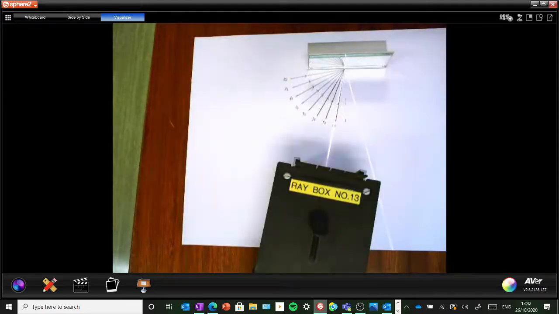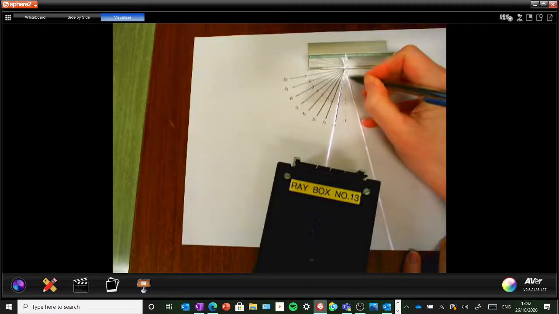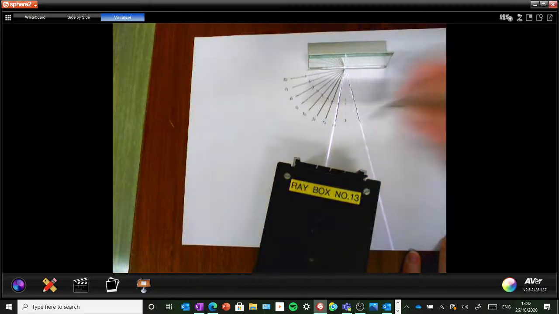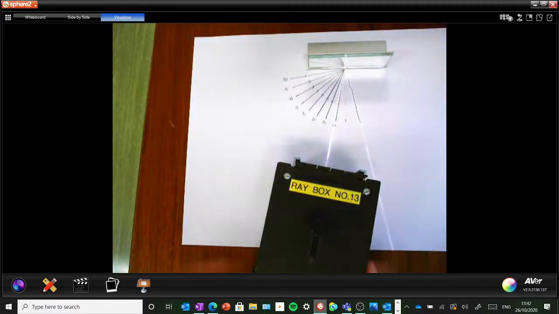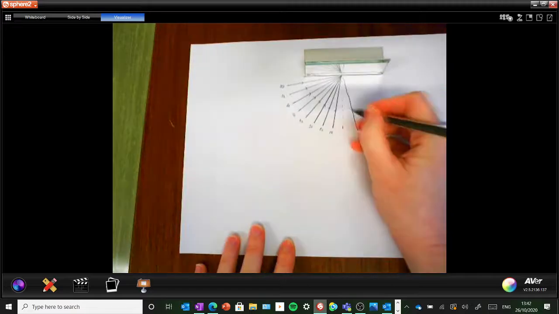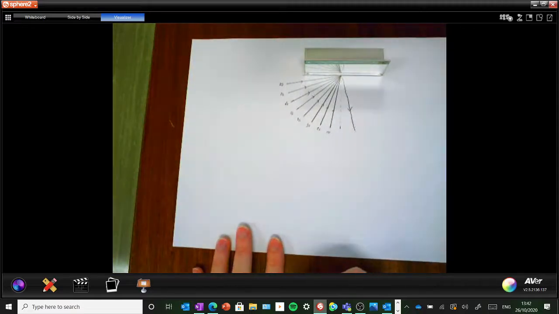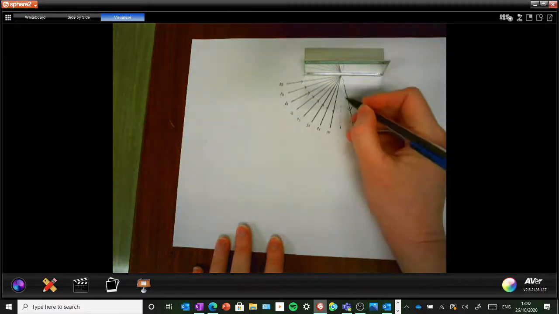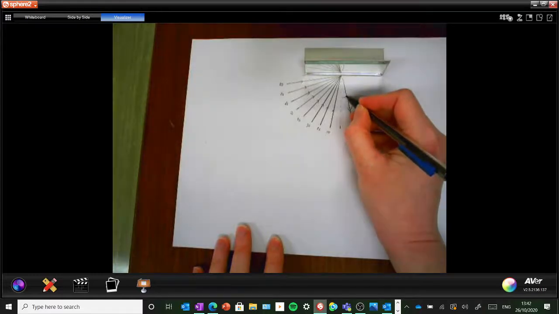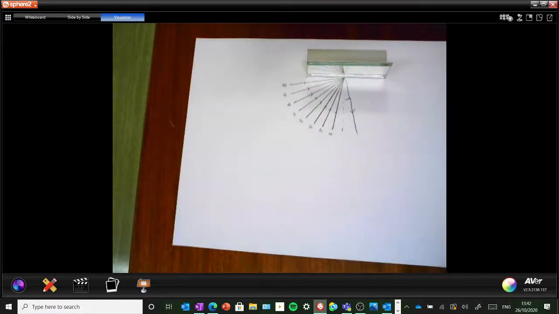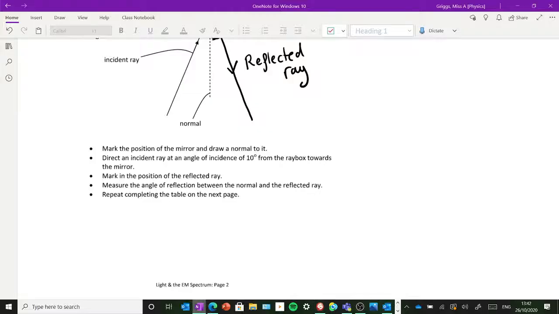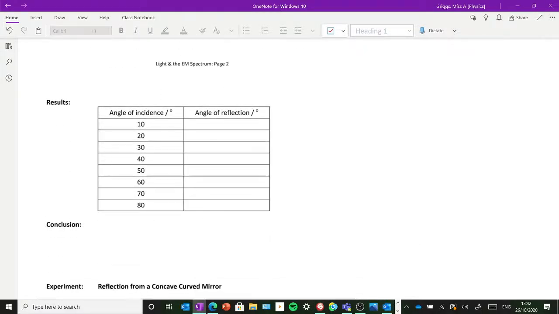You can see there, just about. Obviously it wouldn't be as rough as that. That's my reflected ray for a 10 degree incident ray. I want to measure that angle between the normal and the reflected ray and write it into that table there.